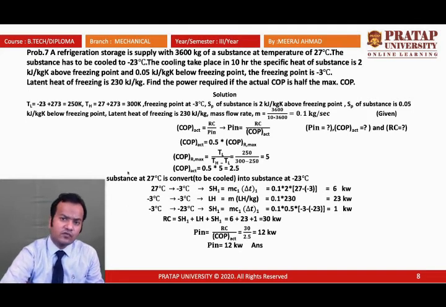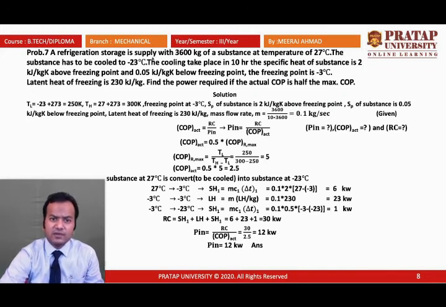Now move to the next problem. It is a very important problem and a good question. First, look into the question very carefully. A refrigeration storage is supplied with 3600 kg of substance at a temperature of 27 degrees Celsius.